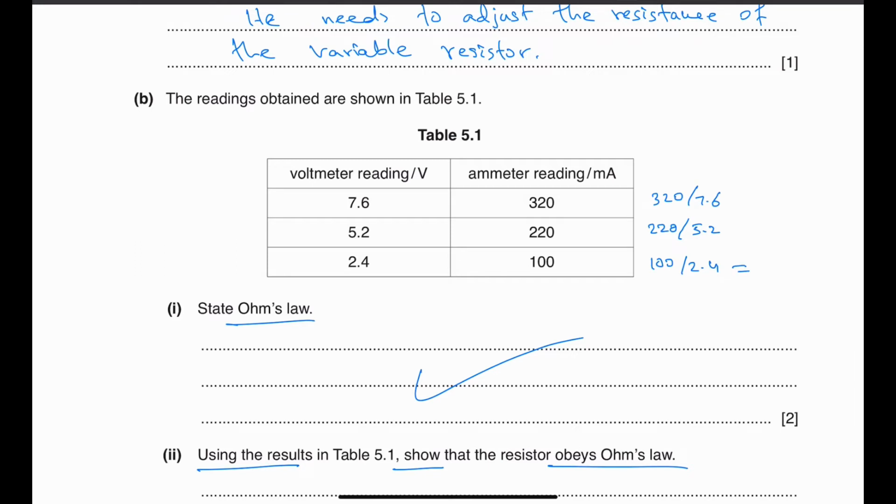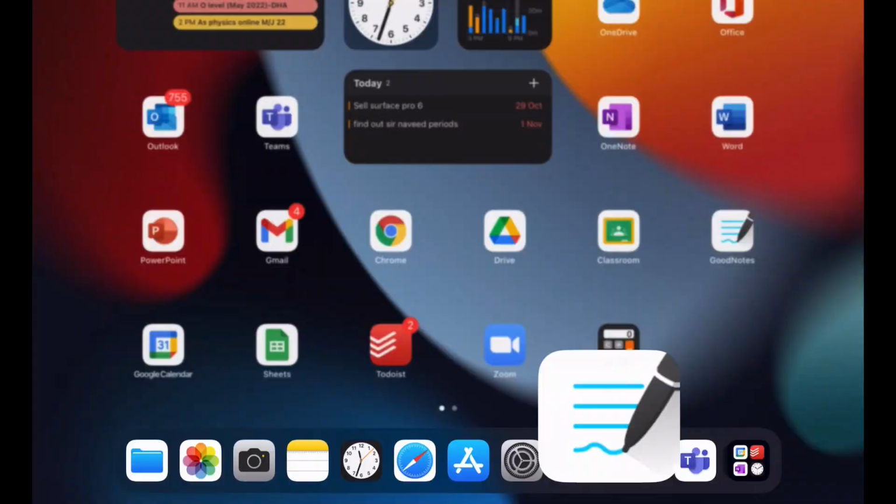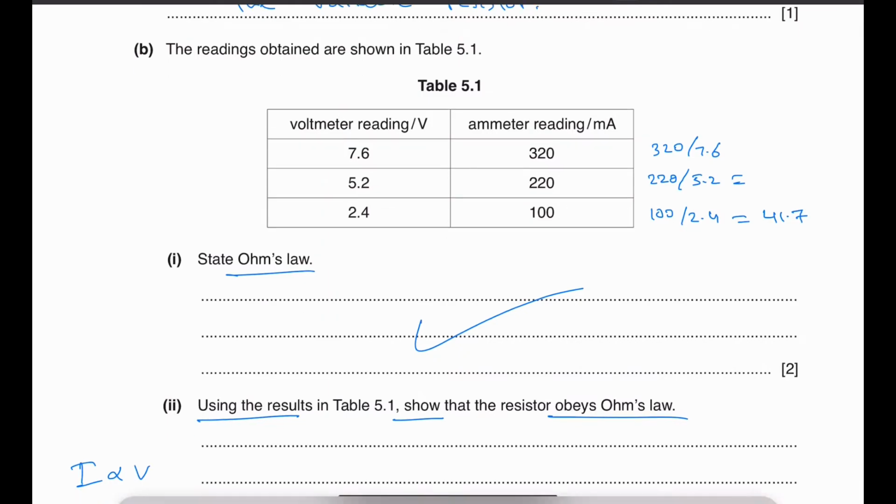If I divide 100 by 2.4, I should get 41.7. This is the reading that I'm getting, roughly 41.7. Let's do 220 by 5.2.